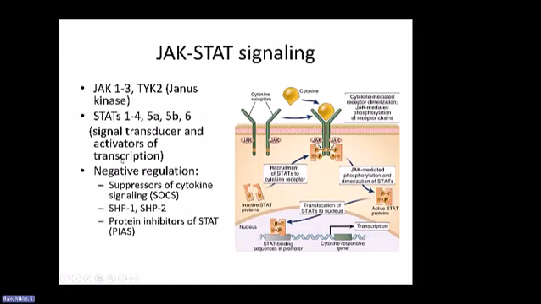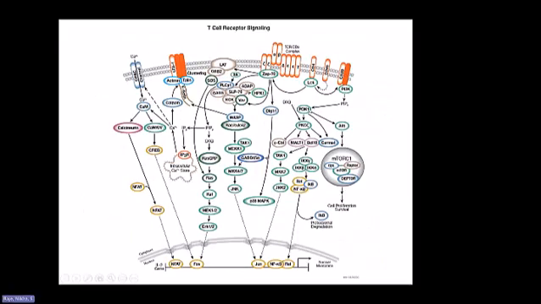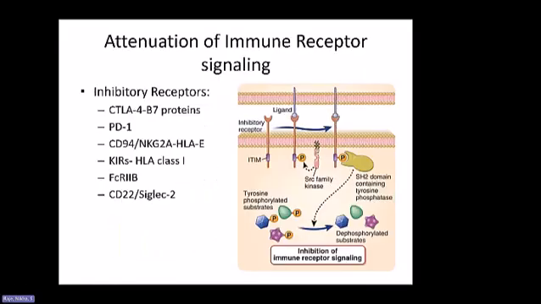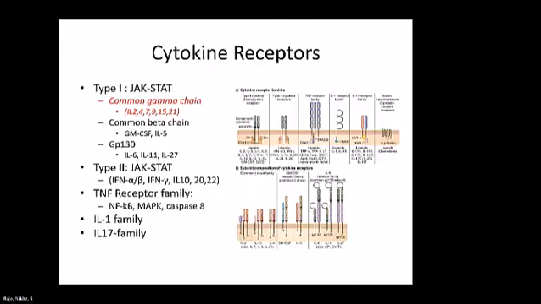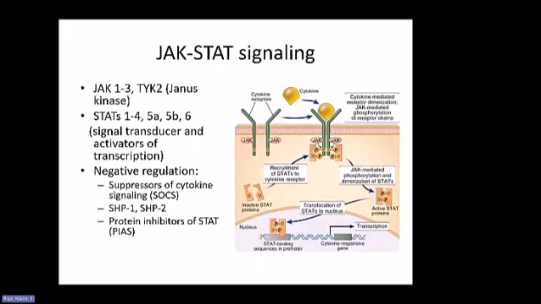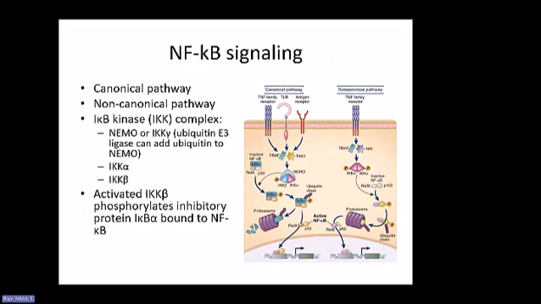So let me see if I can show you quickly. All right, here's the pathway. So CARMA1, BCL10, MALT1 lead to the activation of this whole pathway, NF-kappa B, that helps in the release of I-kappa B. So that's your connection to that whole figure there for NF-kappa B.